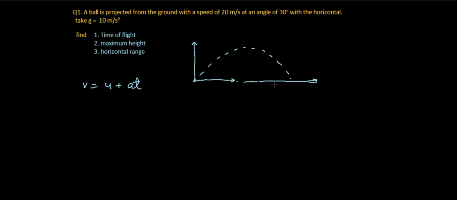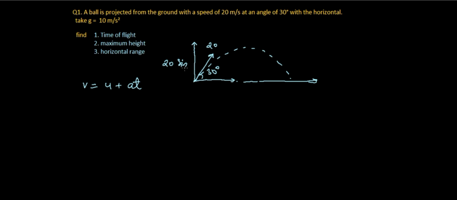Okay, and we know that its initial speed is 20 meter per second and angle is 30 degree. So its vertical component would be 20 sine 30.